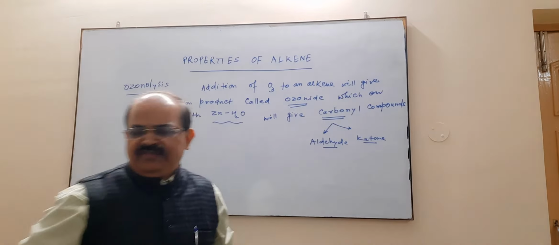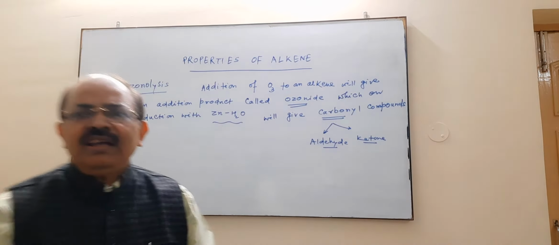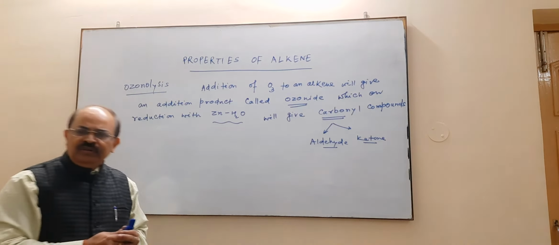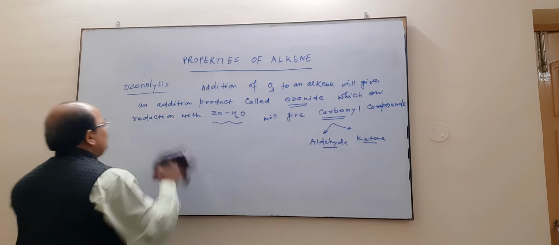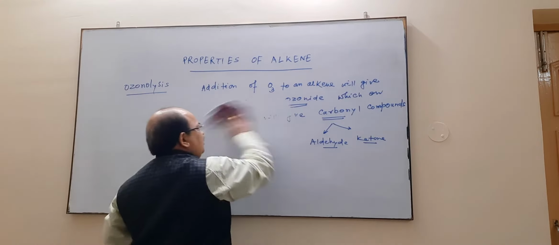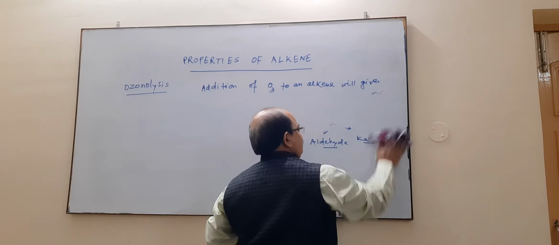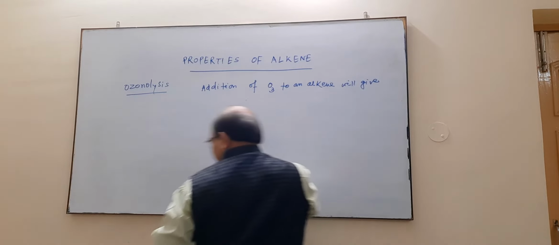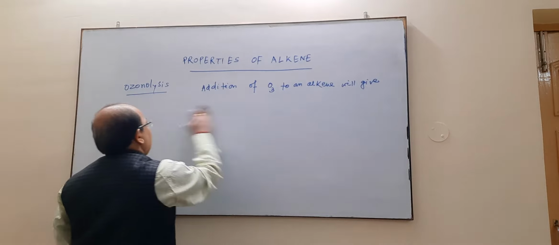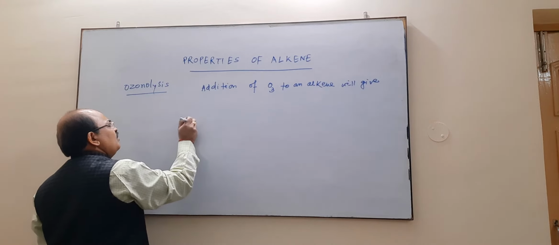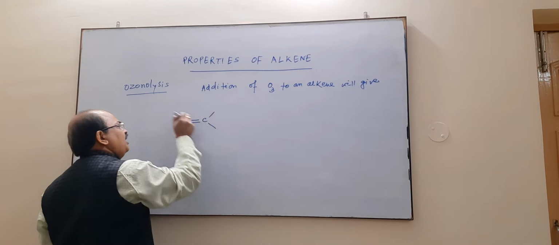Now let us see the example, that what are the examples of this reaction. So the first example, simplest example we may consider, we have say this type of alkene, with a carbon-carbon double bond.